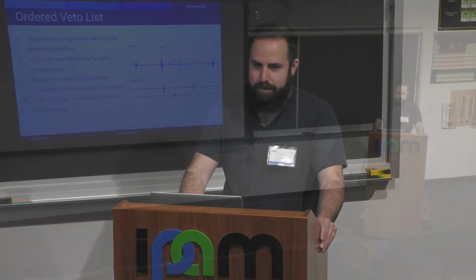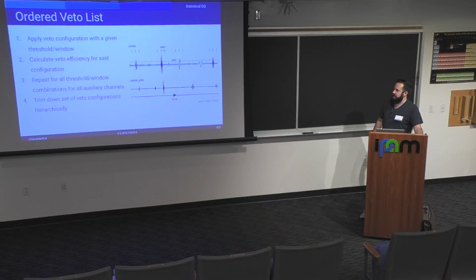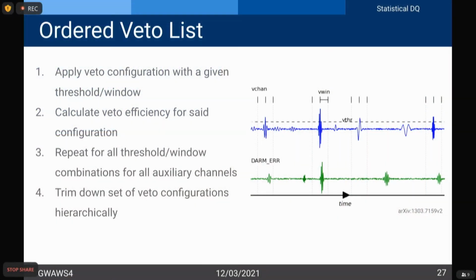I think most people wouldn't have heard about these statistical veto algorithms. Effectively, this is a domain-specific algorithm used to identify statistical correlations between a target channel, in this case the strain, and all these different auxiliary channels. So the basic idea here is you apply a veto configuration with a given threshold and window.